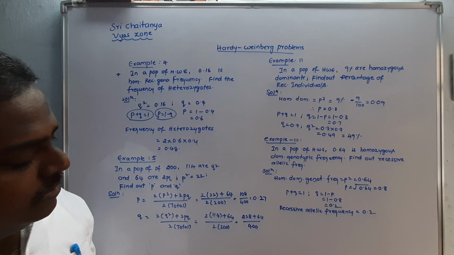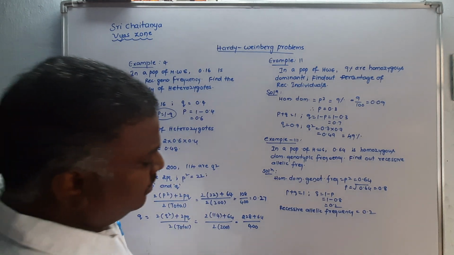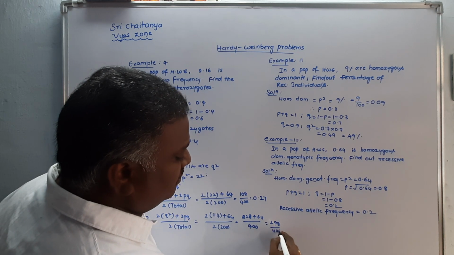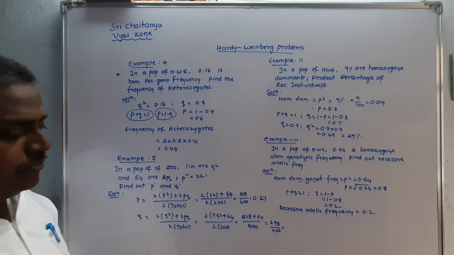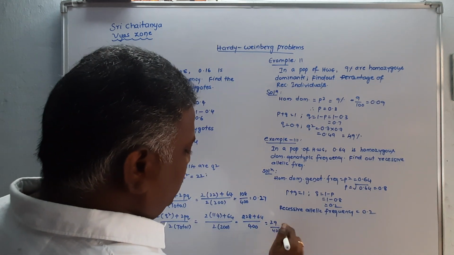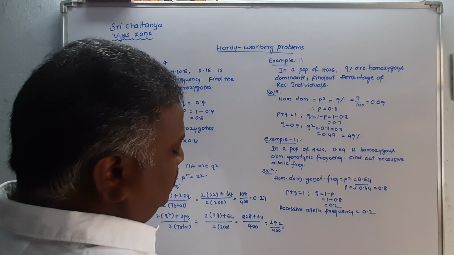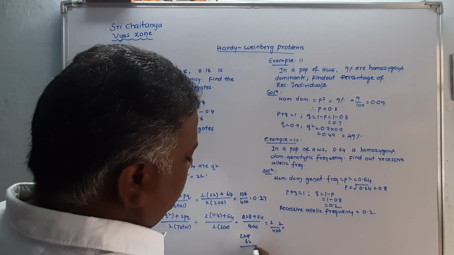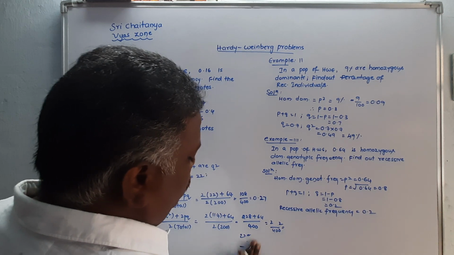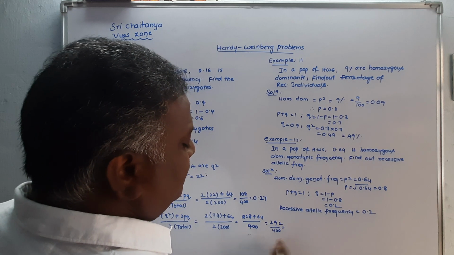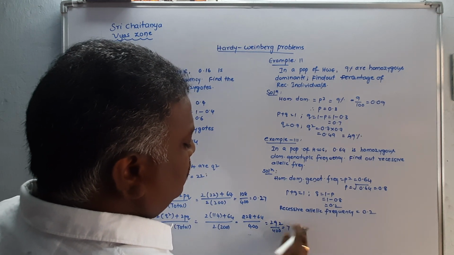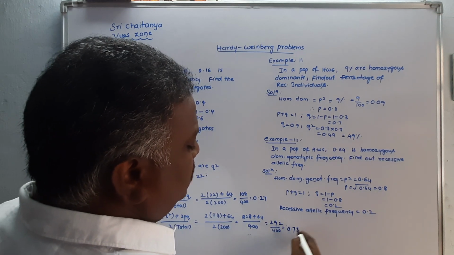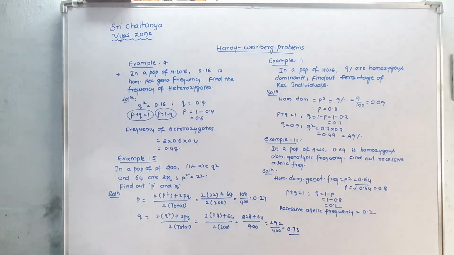So it is 292 by 400. Dividing, we get 0.73.